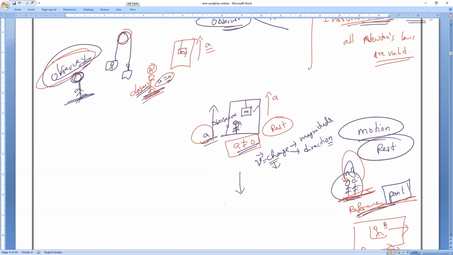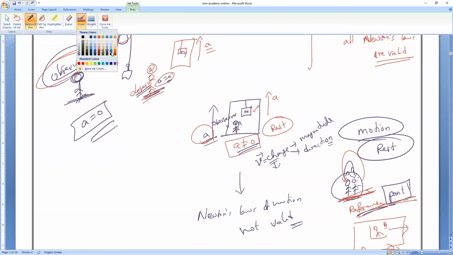Then what will happen? Are Newton's laws applicable or not applicable? Newton's laws of motion are not applicable. Understand, Aswita? Not valid. Clear, everybody? Only when the acceleration of the observer is 0 are Newton's laws of motion applicable. If it is not equal to 0, they are not applicable.